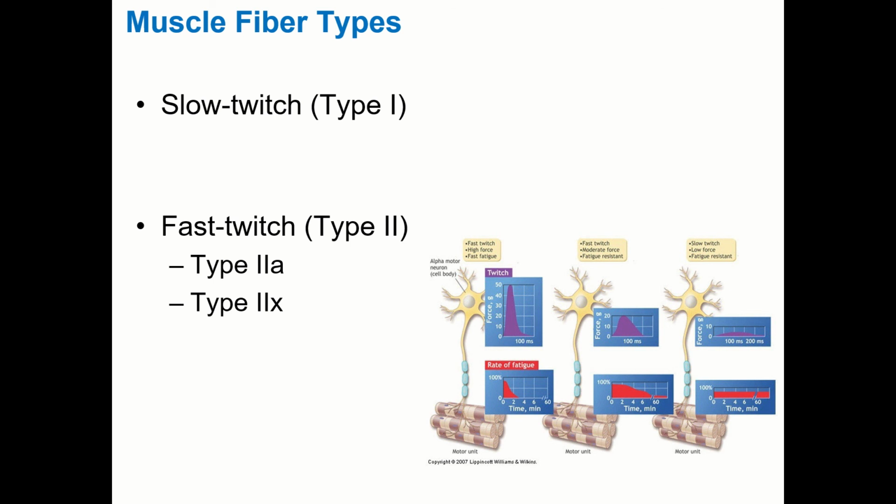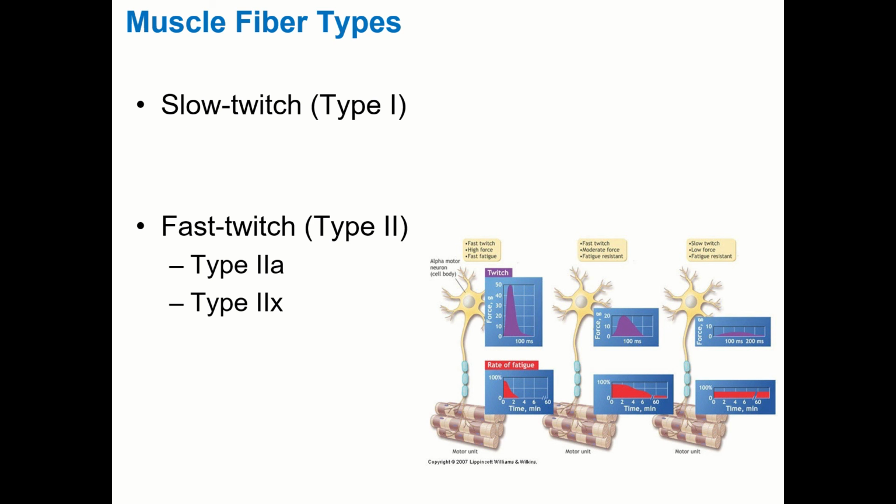So you can only do that for so long before the cell gets acidic and then you have to stop. So the type 2X fibers can generate lots of force, but they can't generate it for very long. They either run through all their fuel in the case of the ATP phosphocreatine system, or they produce too much lactate and the inside of the cell gets acidic, and then the cell can't contract anymore. So good thing, really strong fibers. Bad thing, not strong for very long.